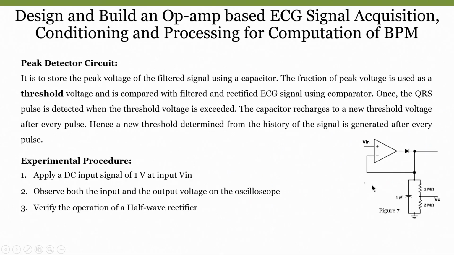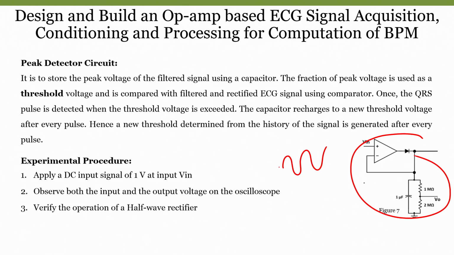When we look into our presentation, this particular part we have seen, and if the input signal is a sine wave, then at this point the output, because of the capacitor, is charged to the peak value.